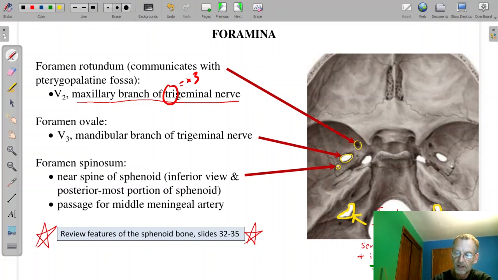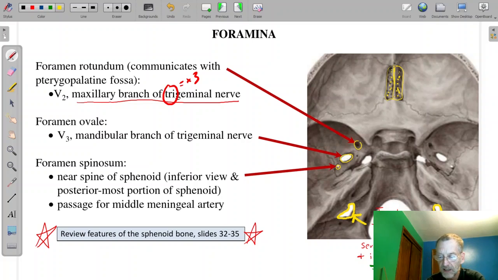There are quite a few things that you should be able to identify in this illustration. You should be able to identify the crista galli, the cribriform plate, and the olfactory foramina of the ethmoid bone.